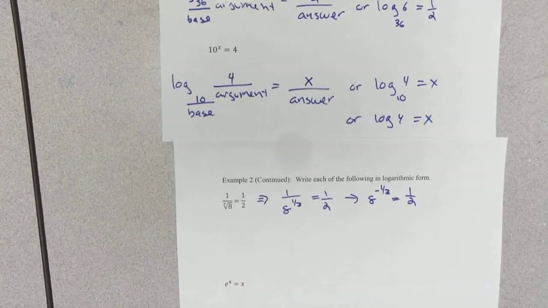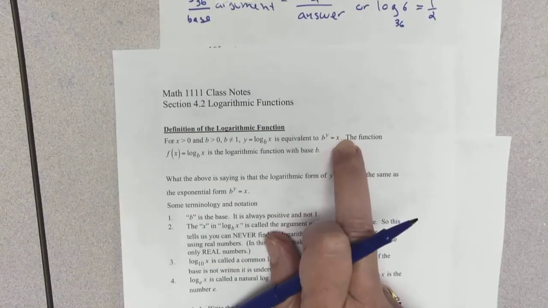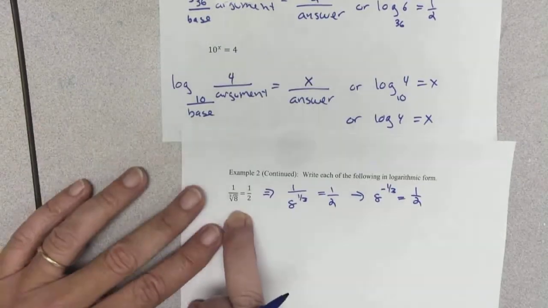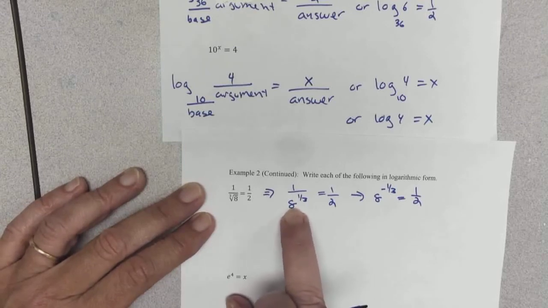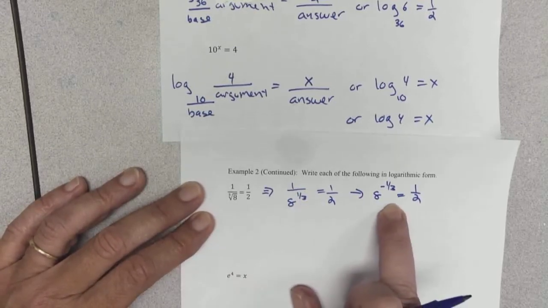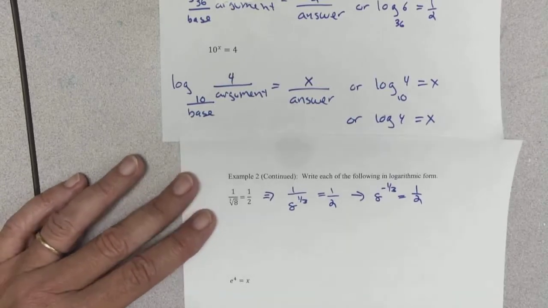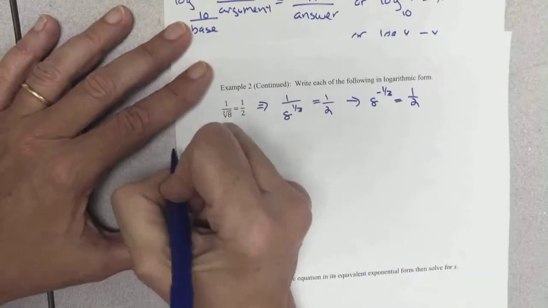There's a format that we can work with, b to the y equals x. So to make it not a fraction, use a negative exponent. And then we can do the same things that we've done before.